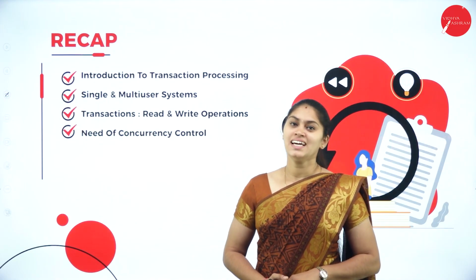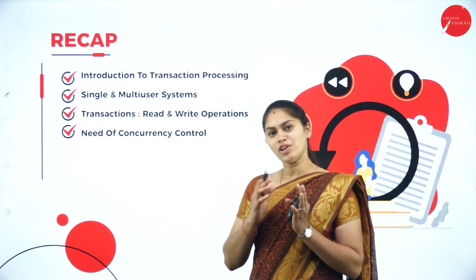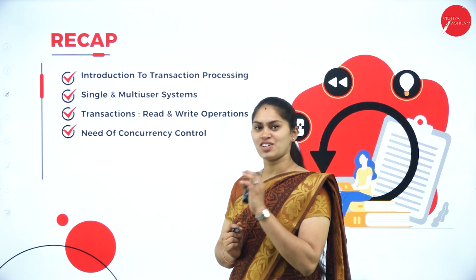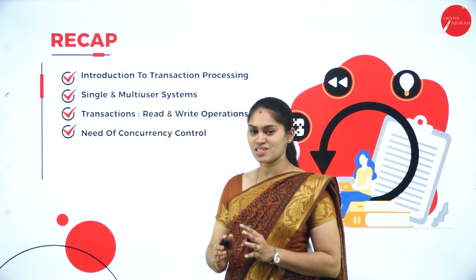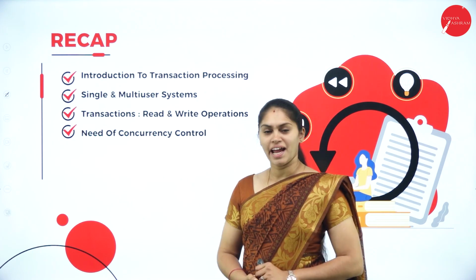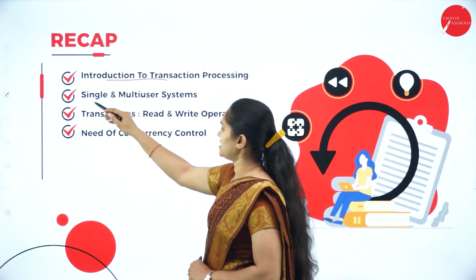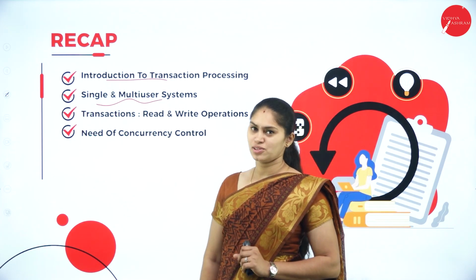As you all know, in the last session of this chapter we had a discussion regarding what we mean by transaction and what a transaction processing system is. We got to know why it is required, and also what single-user and multi-user systems are, why they are needed, and how many users there will be.